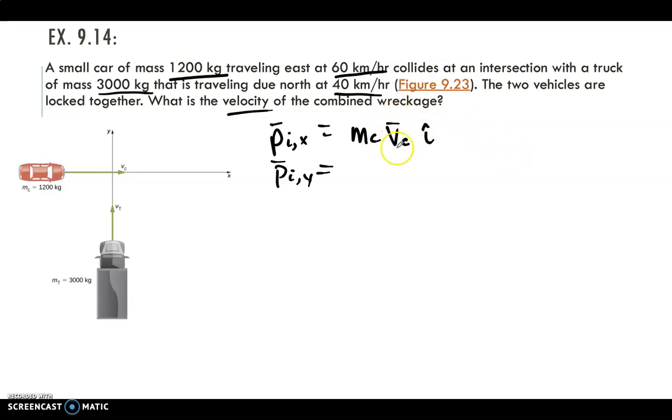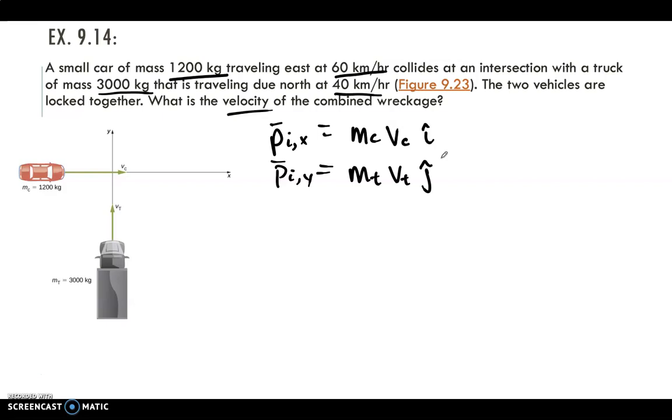I wish there was an easier way to erase this, but I do not know of one, unfortunately. And then we have P sub i y, so that's going to be m truck times v truck, and that is in the j hat direction. So this is initial.